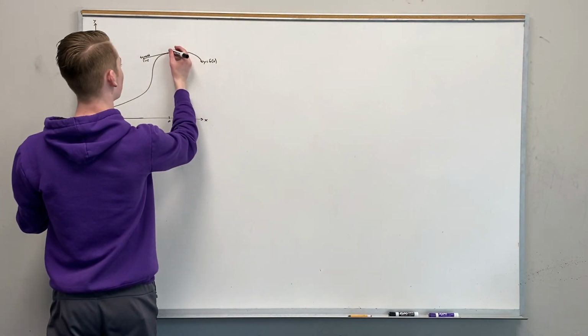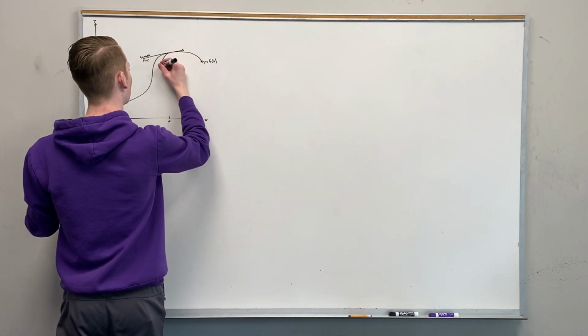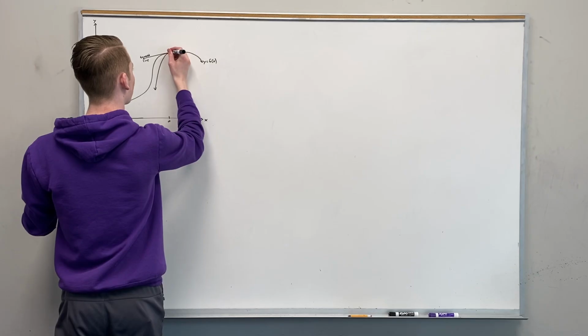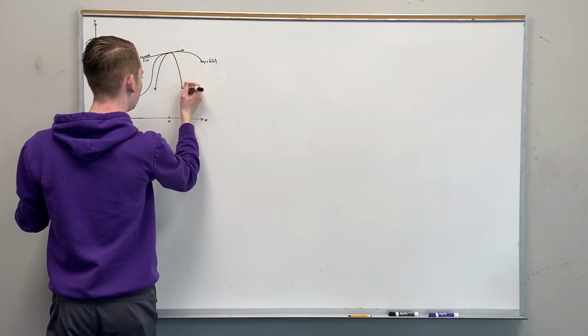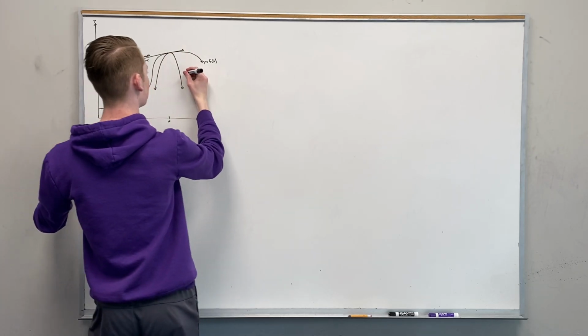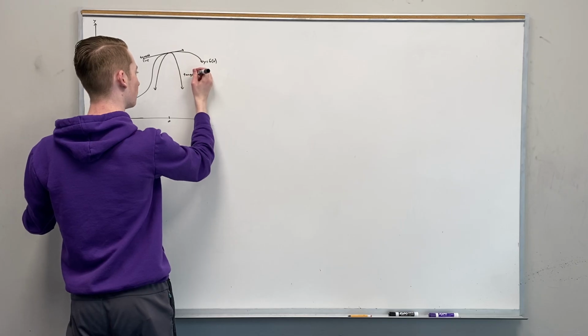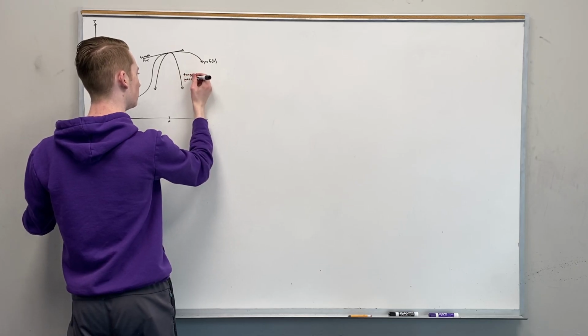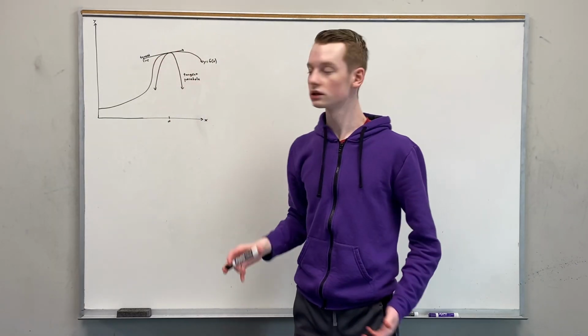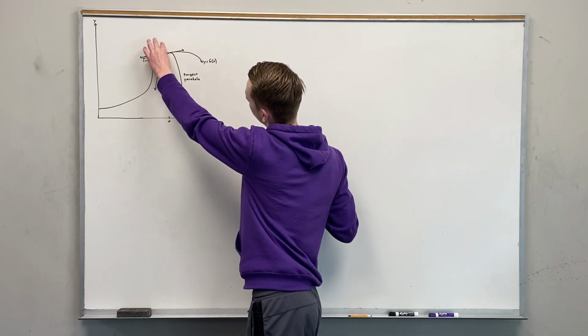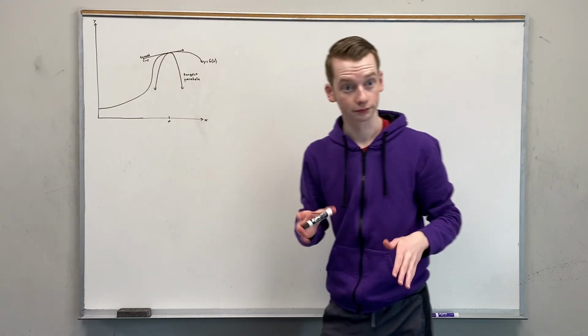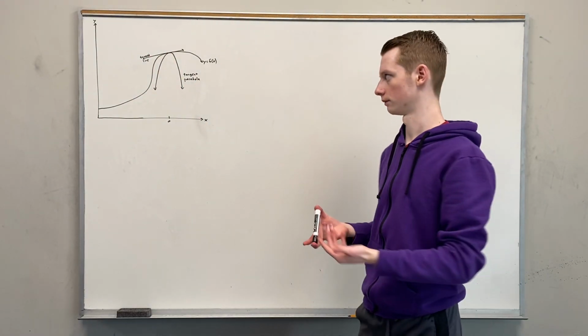That would look something like that, a tangent quadratic or tangent parabola. Obviously it still deviates, but very close to x equals a, it's going to be a better approximation.